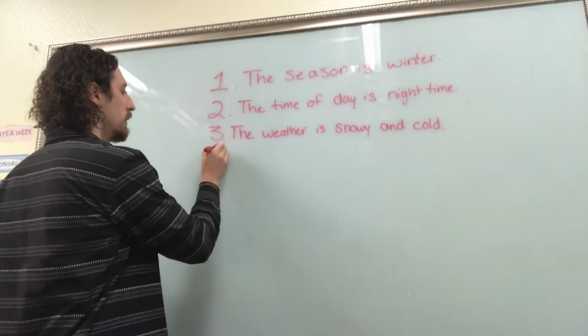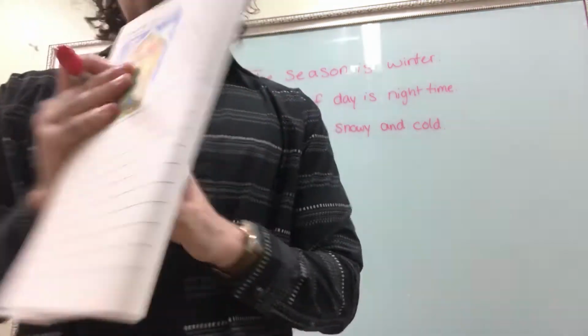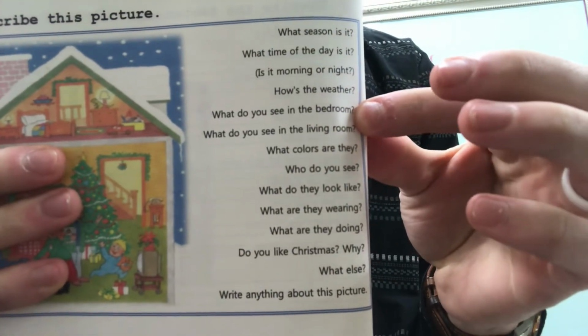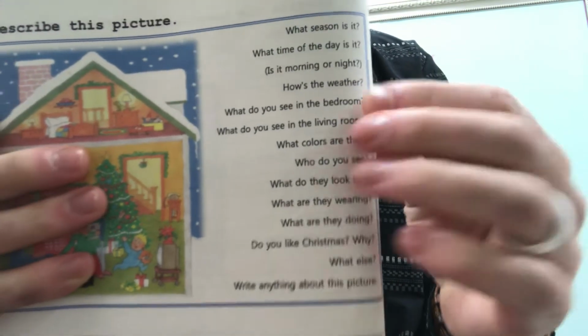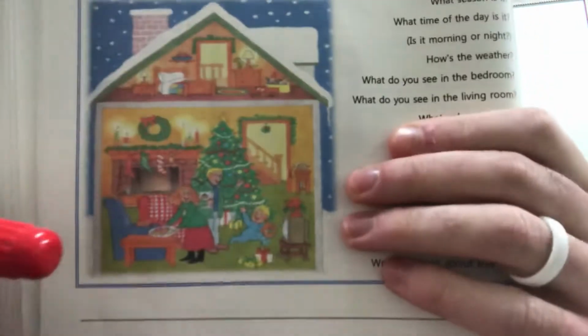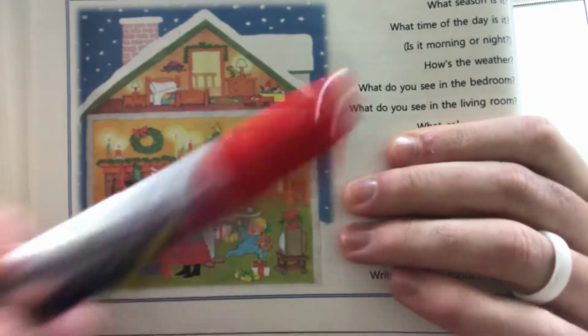Now let's move on. Question 4. Okay. Question 4 says, what do you see in the bedroom? So let's look at the picture. Let's see in the bedroom. What do we see? Well, I'll use my finger.